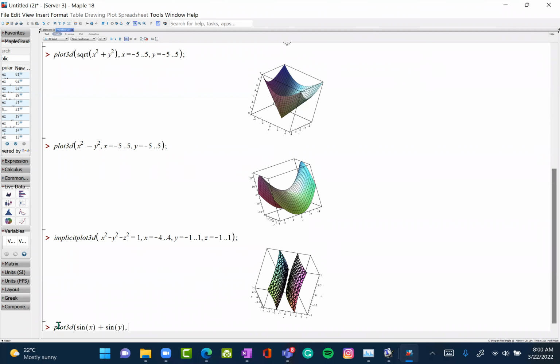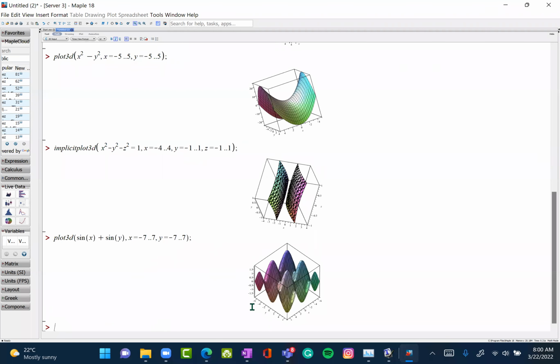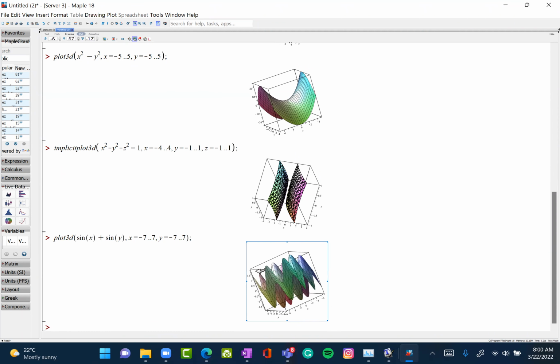So x from say minus 7 to 7, y from minus 7 to 7. So this is like the shape here. This is the cartoon, like a board storing eggs, for example. This is the shape.